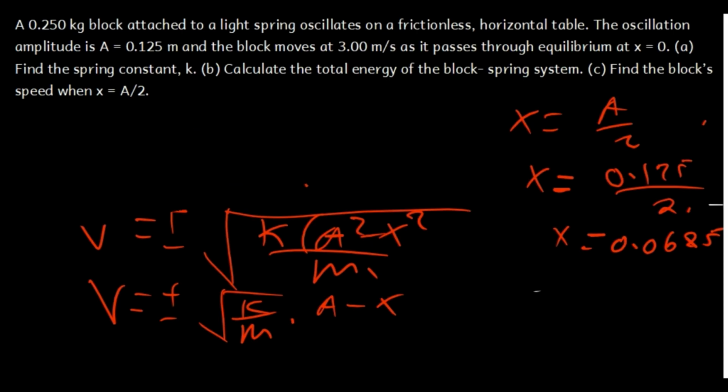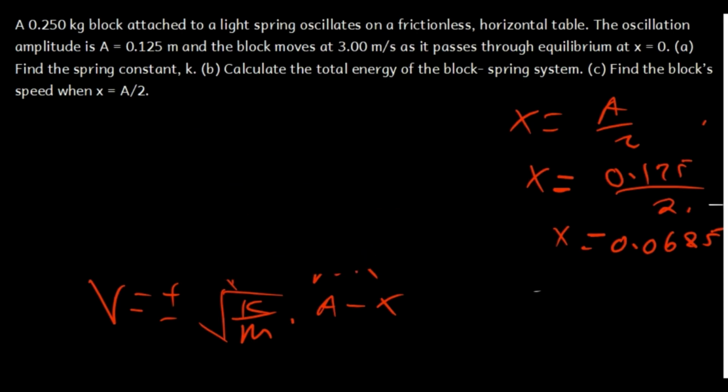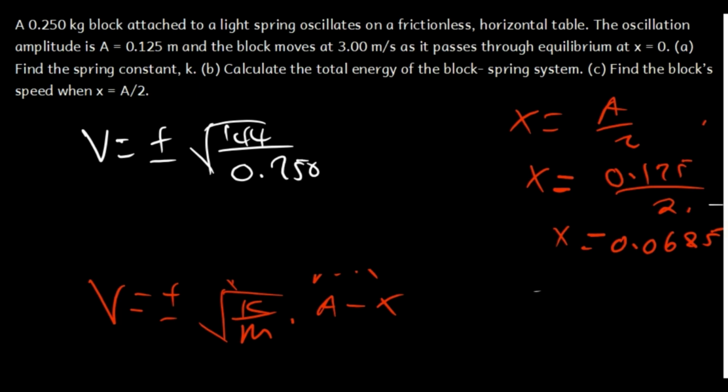Okay, so our v will be equal to plus or minus the square root of K. So K, now we know that K is 144, the mass is 0.250, and then times, now A, we know that A is 0.125 minus 0.0625.